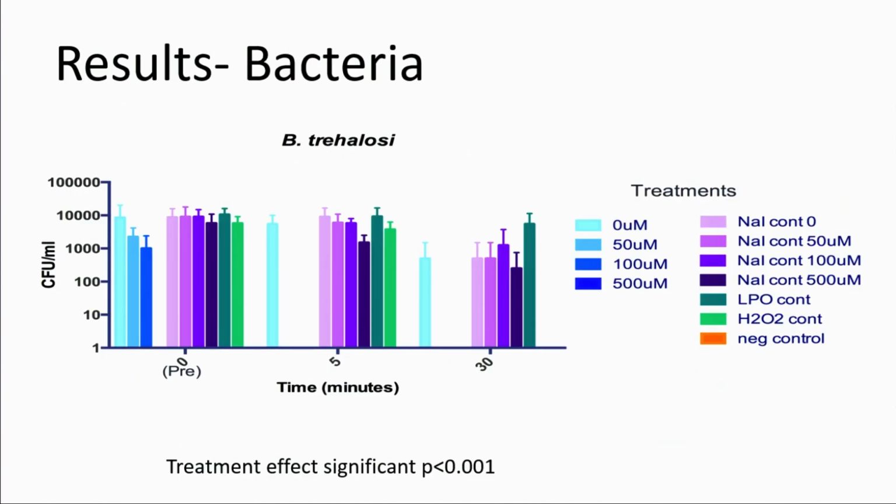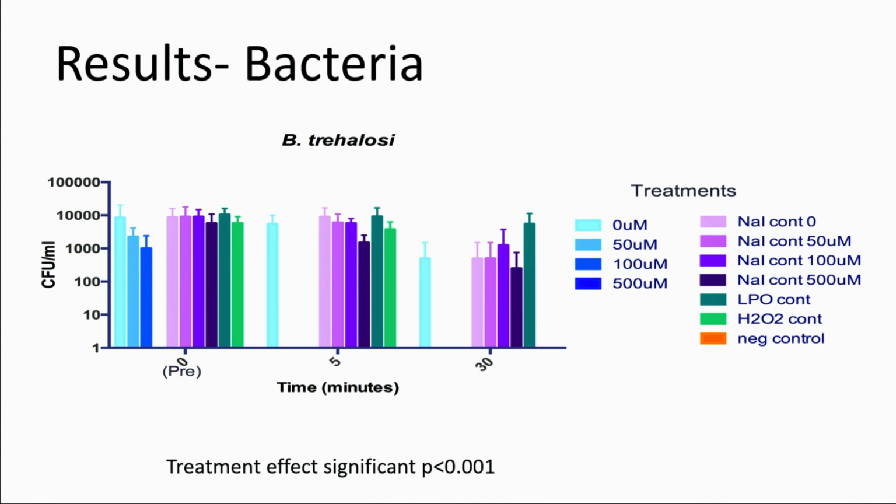And then these are all of our control situations where we have some growth. And this is a little bit more scientific representation of the data. The blue bars are the varying concentrations of sodium iodide in the complete reaction mixture, and all the other colored bars are our control conditions. You can see that even after 5 minutes for the Bibersteinia trehalosi, there is no growth in any of our sodium iodide concentrations.